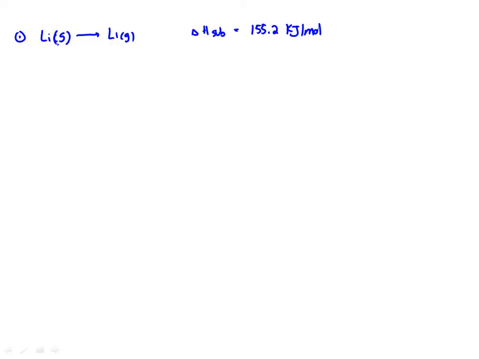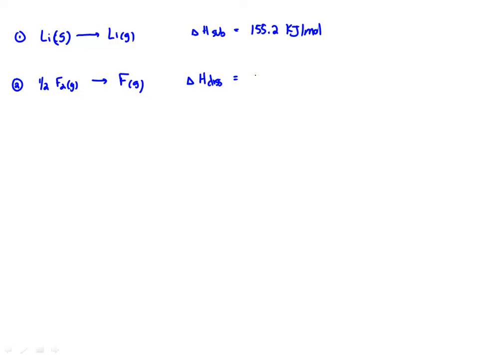Okay, so anyway, the idea is the very first step is we got to convert lithium to a gas. The second step is I'm going to take my diatomic F2 gas, I'm going to break it apart to just get one atom in the gas phase. So breaking apart an element is called dissociation, or breaking things apart.